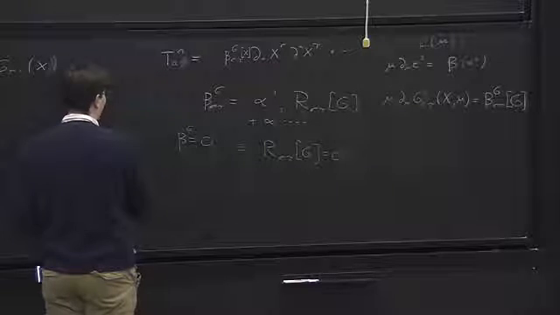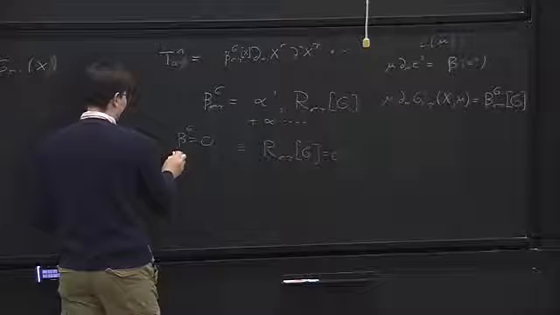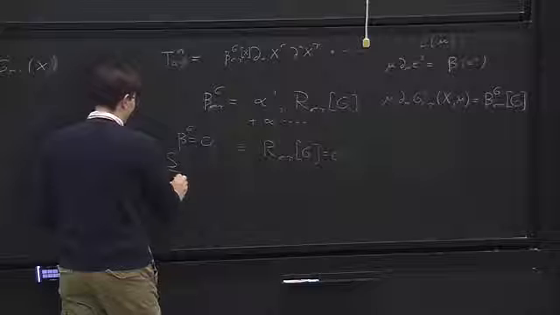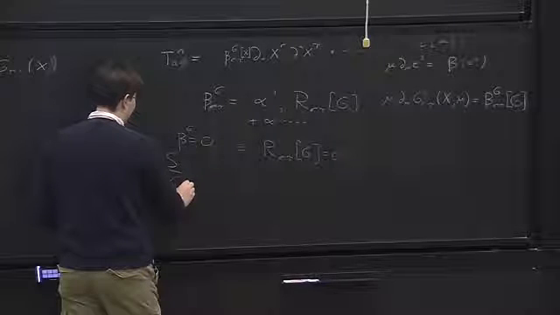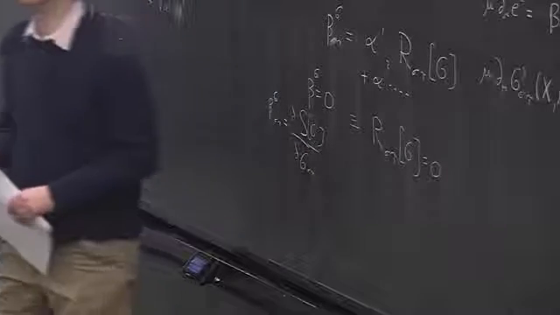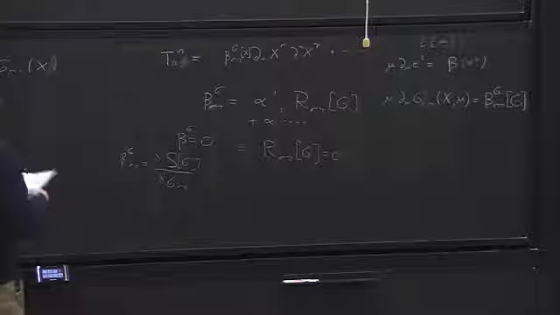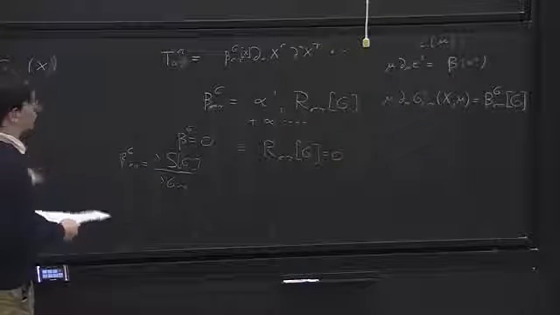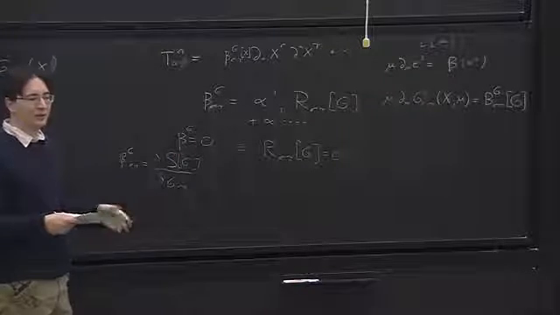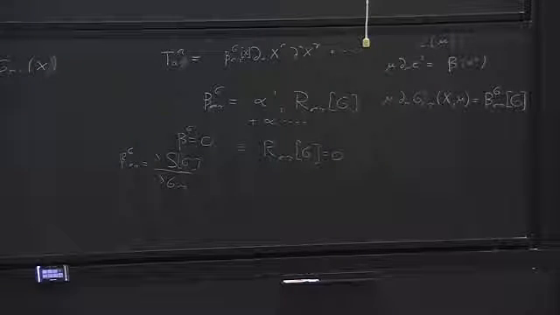There is a general expectation that at all orders in alpha prime, this beta will be the variation of something with respect to the metric. So by computing the beta functions for this theory at higher and higher order, you get essentially the effective action for gravity in string theory.